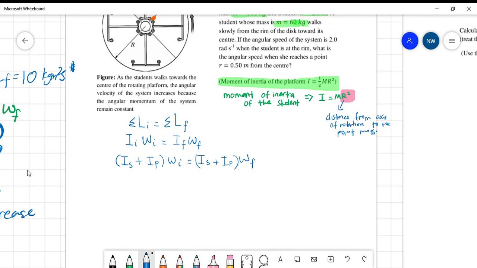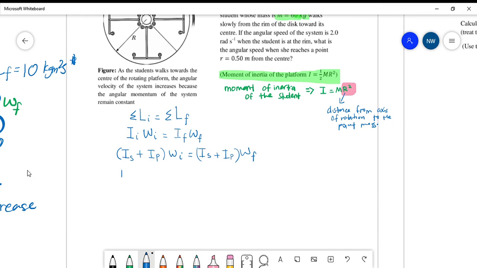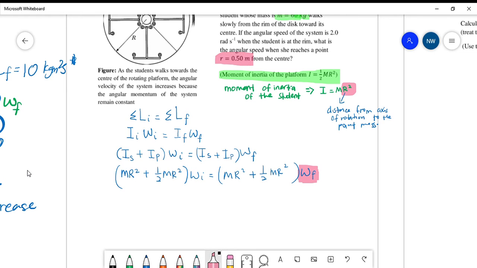So I student, we're going to use m r square initial plus half m r square of the platform times the omega initial, and this one would be m r square plus half m r square times omega final. So we need to find the angular speed of the student when she reaches a point r = 0.50 meter from the center.